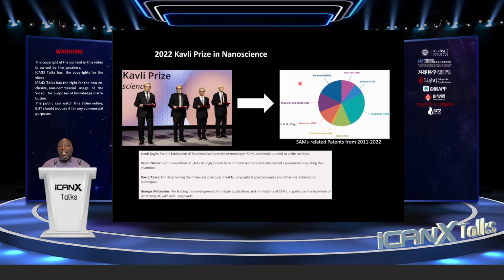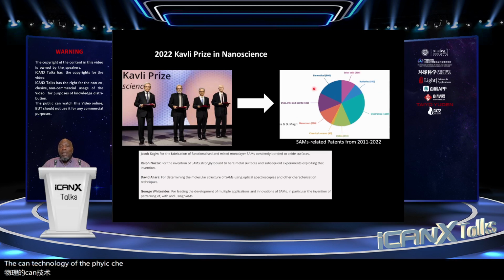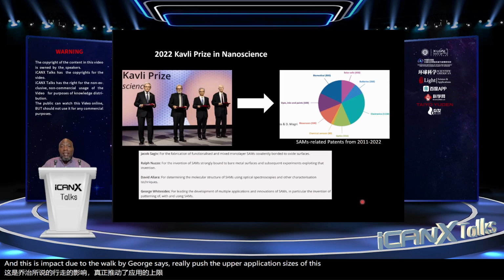And that has accelerated advances in so many areas, as captured by the number of patents and the diversity of fields where we see this technology of chemisorbed monolayers playing a role, from electronics to batteries, to dyes and sensors, and there's a lot of work on sensors and optics. And this is in part due to the work by George Whitesides, who really pushed the application side of this, and conflict of interest.